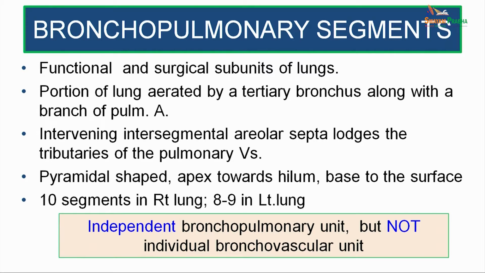The intervening intersegmental areolar septa lodge the tributaries of the pulmonary vein which drain them. By and large, these pulmonary segments are pyramidal in shape, with the apex towards the hilum and base towards the surface. There are 10 segments in the right lung and 8 to 9 segments in the left lung.